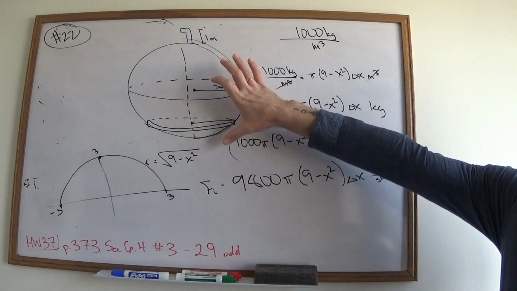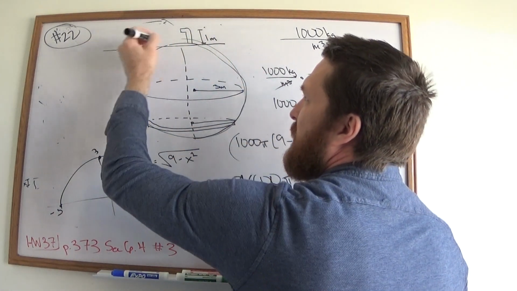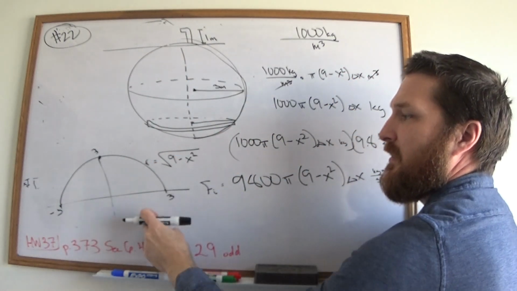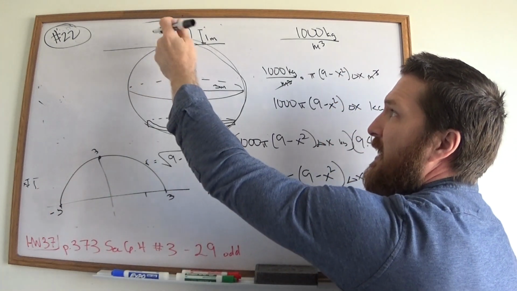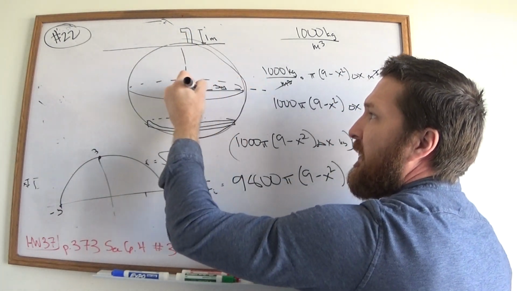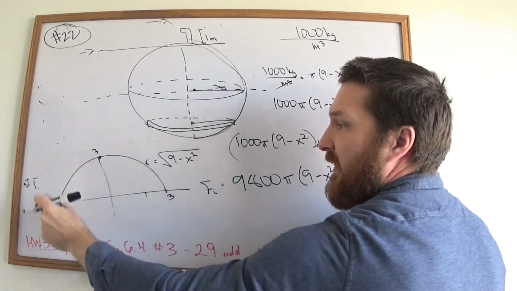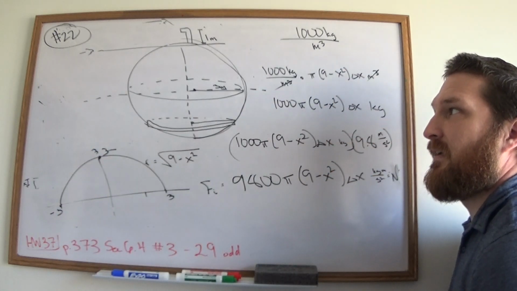Now we need to move it through what distance? Well, that depends on how you want to set this up. I guess the way that I've set this up here, x goes from -3, right? There's -3 all the way up to 3.